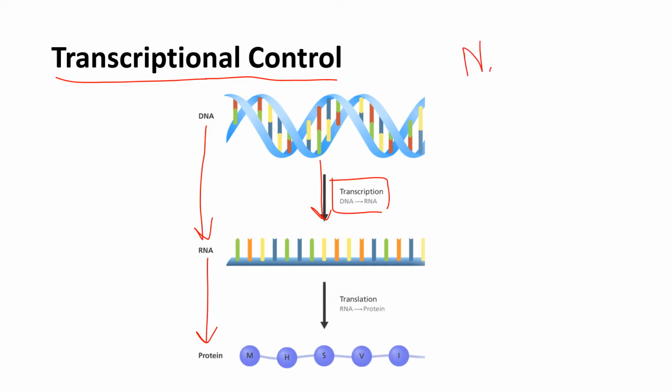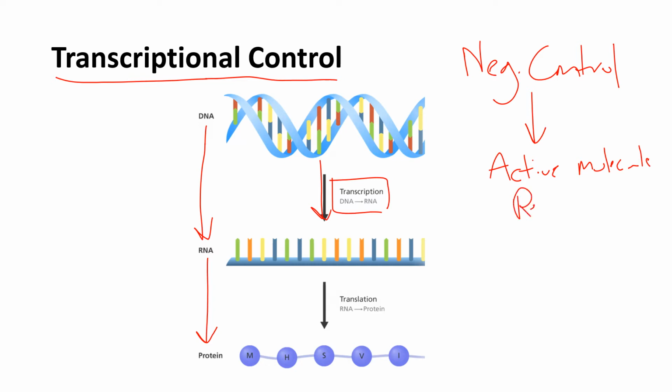So negative control basically means that when you have an active molecule, and in an operon, that active molecule is called a repressor, that active repressor is going to stop gene expression.